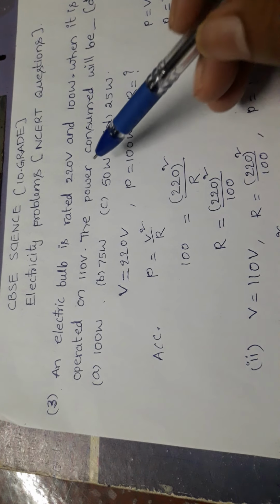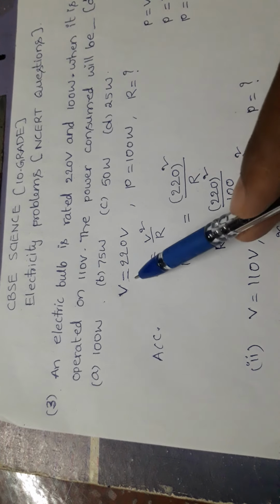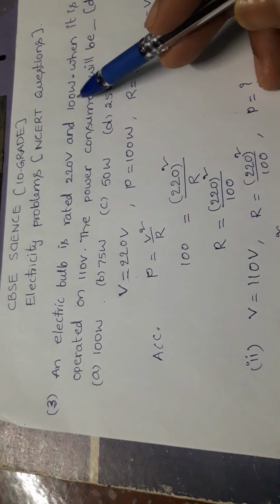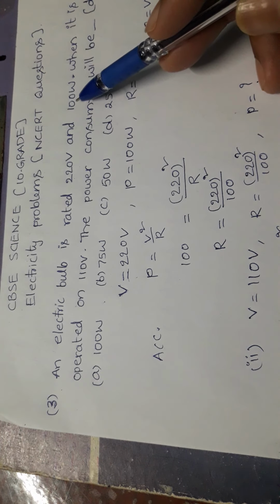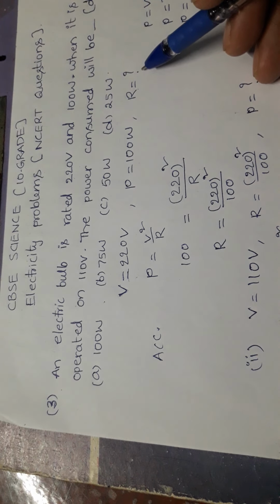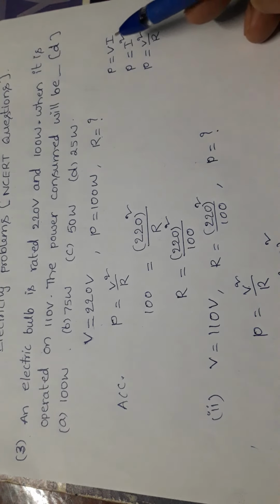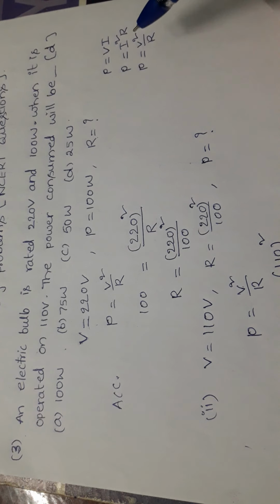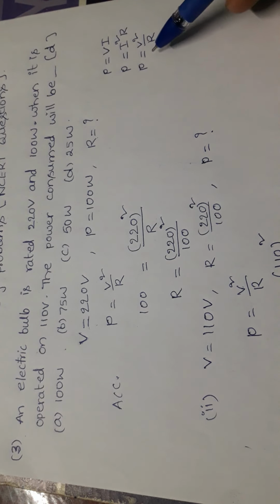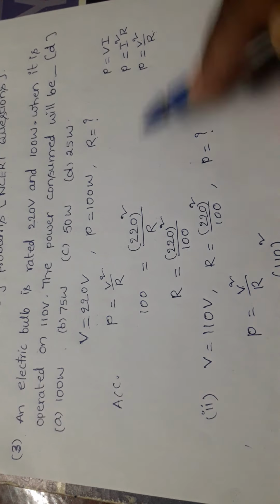Here V is equal to 220 volts and power P is equal to 100 watts, but here we will find resistance R. Already we know there are three power formulas: P is equal to VI, P is equal to I square R, and P is equal to V square by R. But here the given quantities are voltage, power and resistance, so that's why we use the third formula.